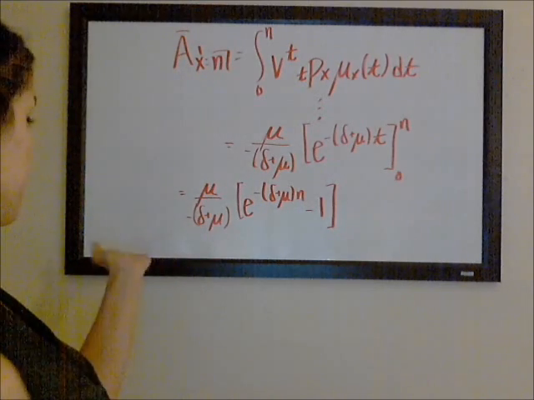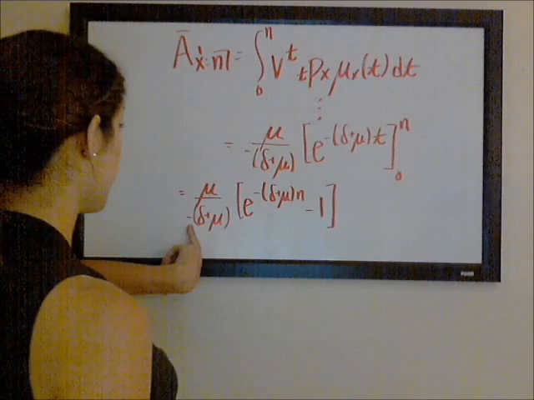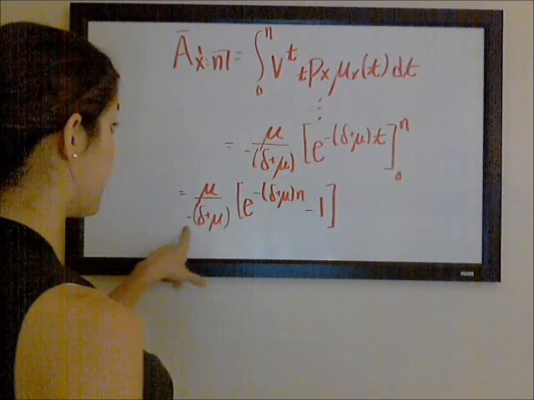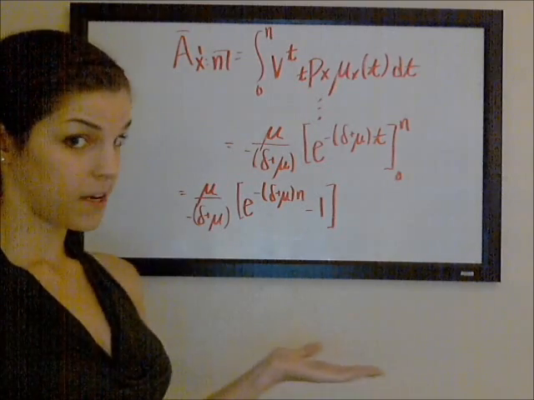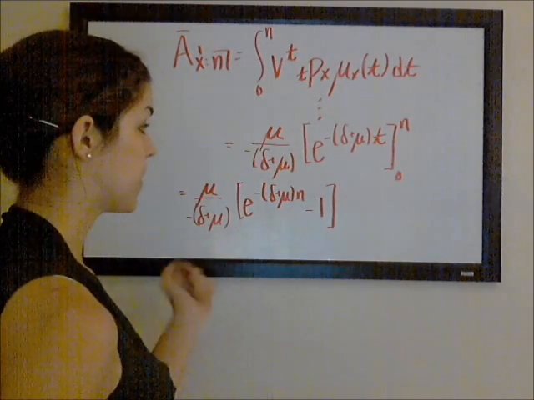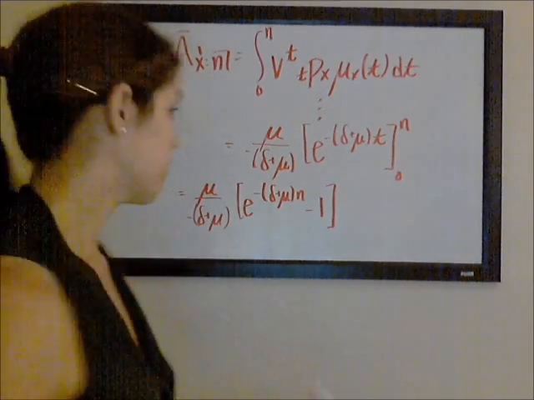I would rather not have this negative out here in front, so I am going to make this a positive and switch these around. Or if you prefer to think about it, I'm multiplying by negative 1 here and also here, so I'm just multiplying by 1.